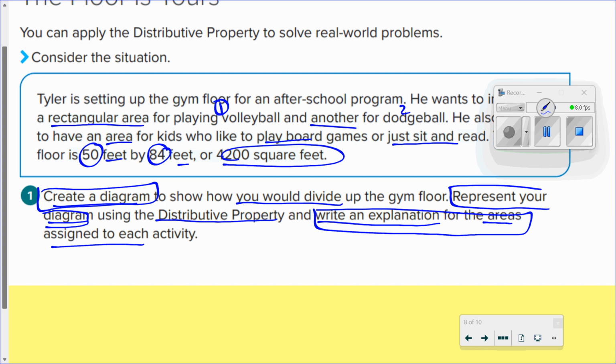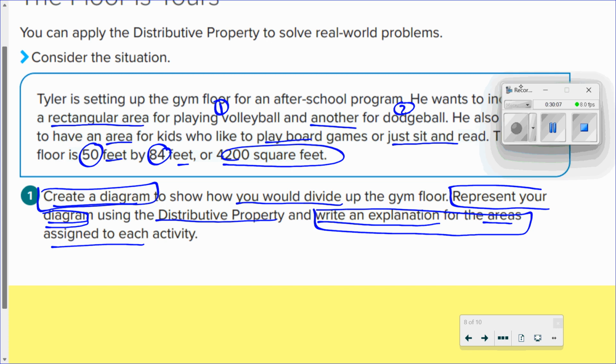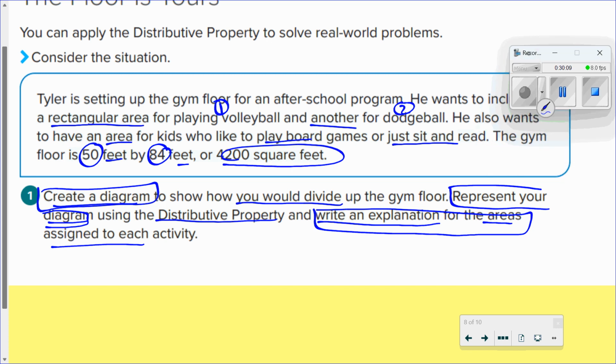We have one for dodgeball. We have one for board games, or just sit and read. So is that 2 or is that 1? That's actually just one big one, right? So you should have 3 different areas in your gym. Think about what's being done in each area when you're dividing these up.